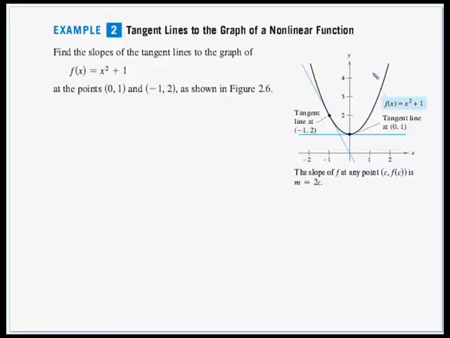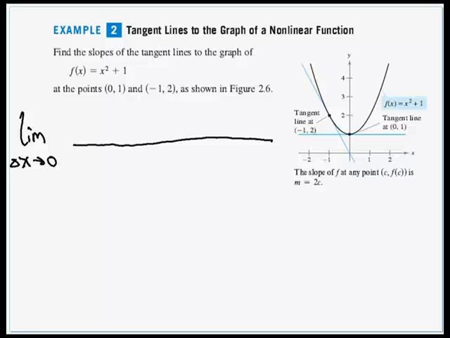Okay, now when we start this problem, we're not going to worry about these points at all. We're just going to use this function and our x plus delta x notation and come up with a little function that will give us the slope of any point we want. So we're just going to switch back over to black here. We're going to set up our limit as delta x approaches 0.